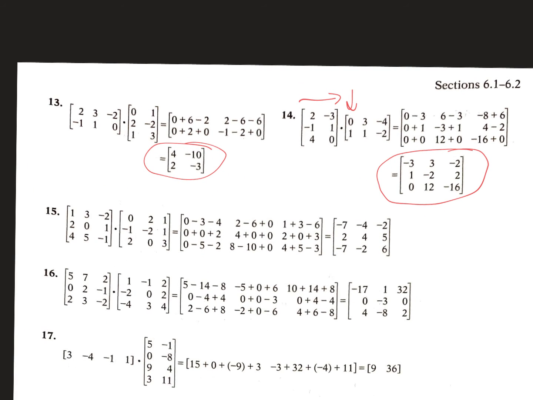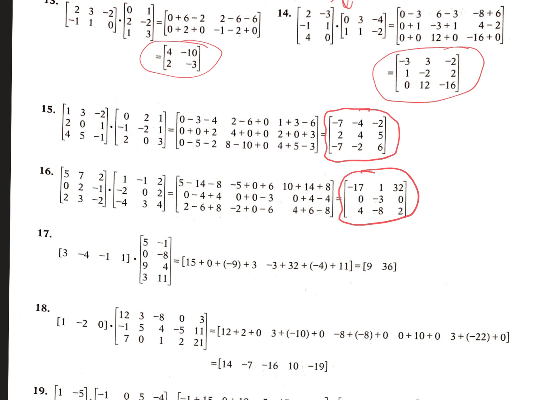All right, 15. You get -7, -4, -2, 2, 4, 5, -7, -2, and 6. For 16, you get -17, 1, and 32, 0, -3, and 0, 4, -8, and -2. For 17, you get 9 and 36.